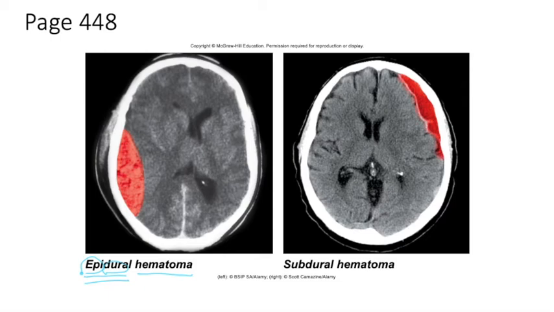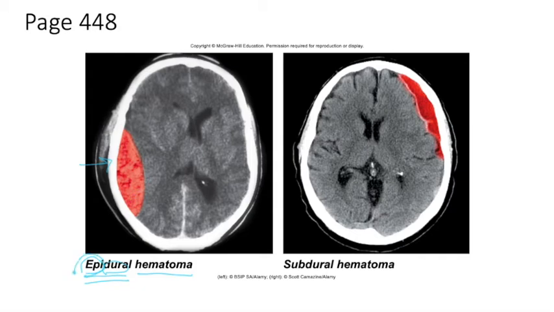Epi means like on top of. So this is a situation in which the blood would be collecting between the dural layers, between the periosteal and the meningeal layer. And there's a major artery there that's close to your temporal bone that if you get a blow from the side, sometimes that artery bursts and then blood starts collecting between the periosteal and the meningeal layer.